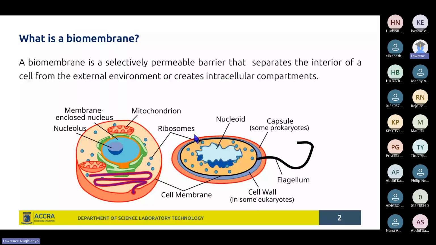And we say it is selectively permeable because it allows some substances to pass through it, but not all of them. And we'll come to see some mechanisms of transport, how substances go across the biomembrane in and out of cells or in and out of organelles, but particularly we just focus on in and out of cell membranes.